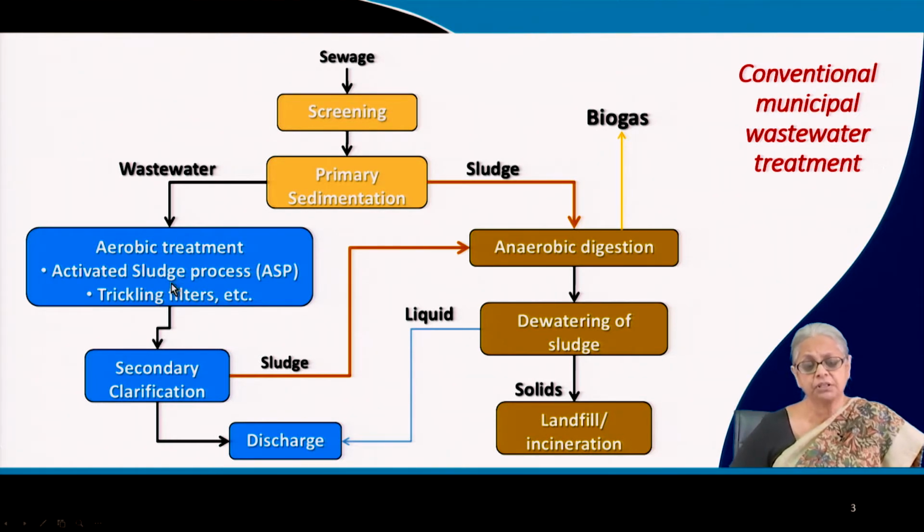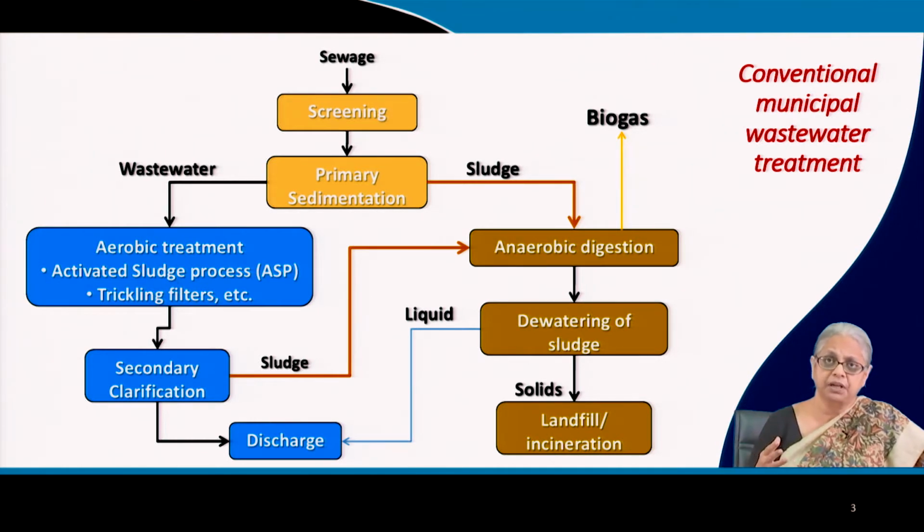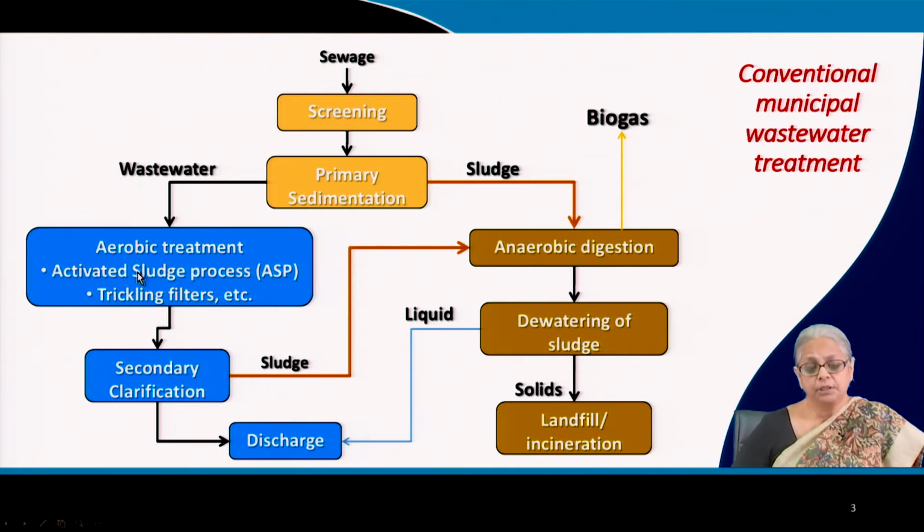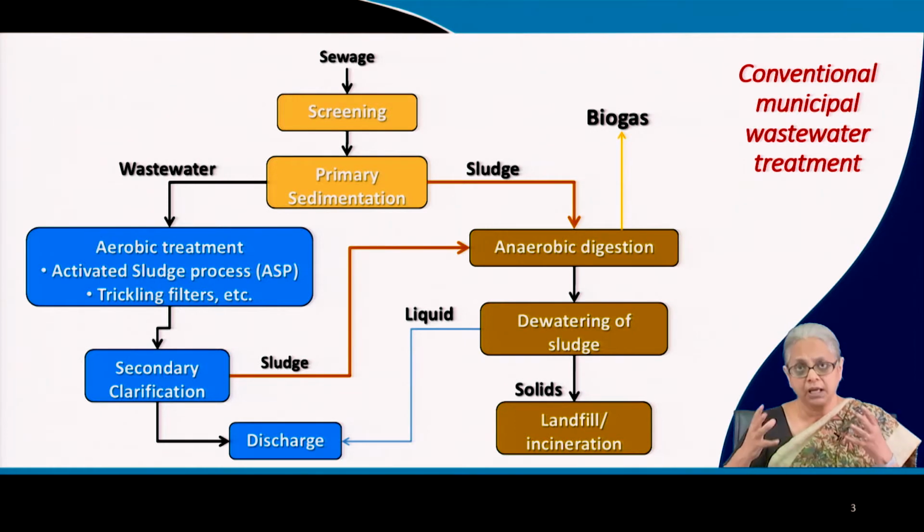Now, this activated sludge process itself has two parts. The first part is aeration, and after the aeration tank you have what is called secondary clarification. Biomass is generated in the activated sludge process, and this biomass has to be removed, and that is done by settling under gravity. This biomass has a tendency to form aggregates.